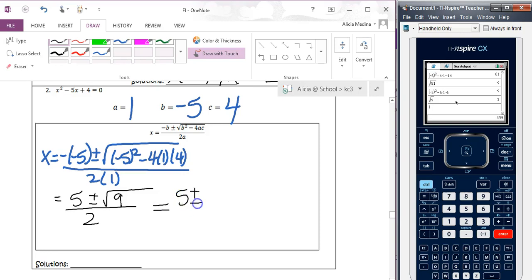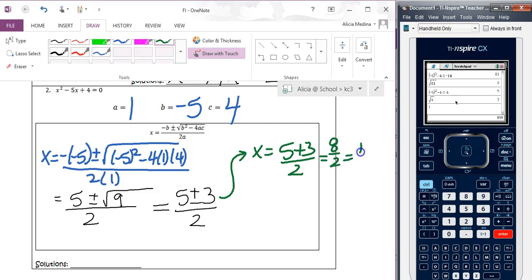So this is going to equal 5 plus or minus 3 all over 2. I have to accommodate for both answers. So, one option is going to be that x is equal to 5 plus 3 over 2. 5 plus 3 is 8 over 2, which is 4.